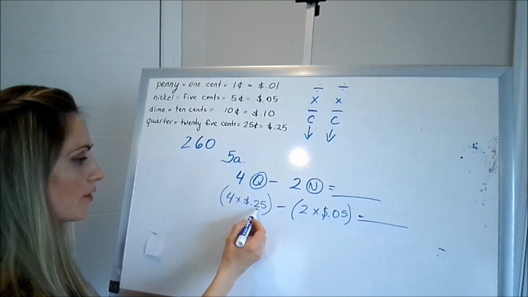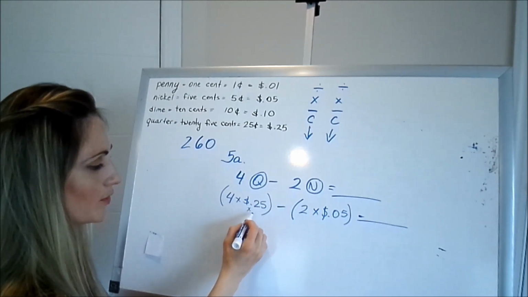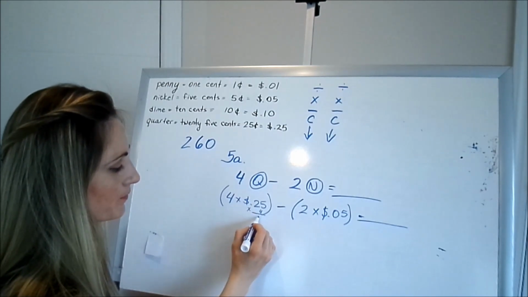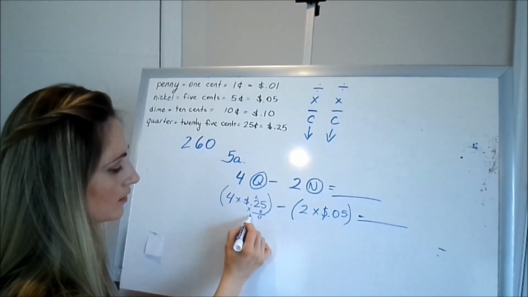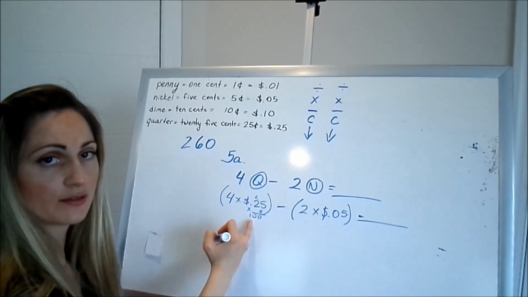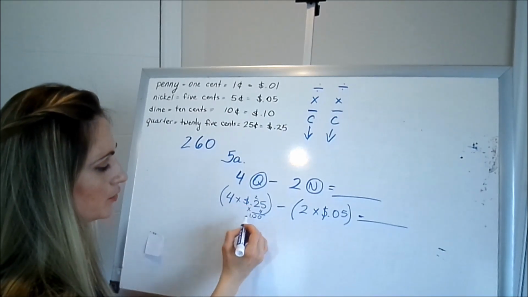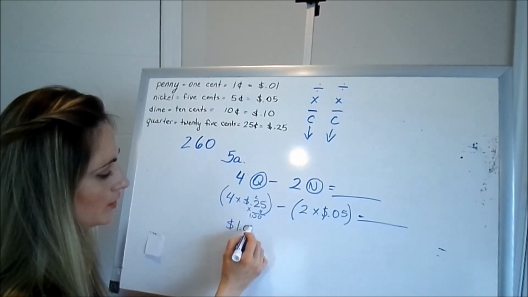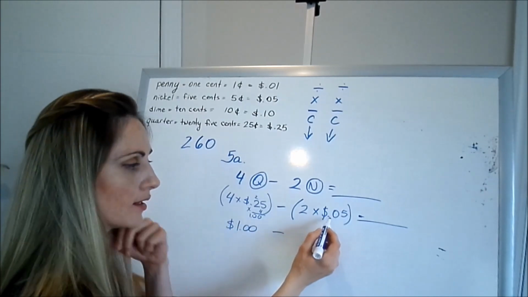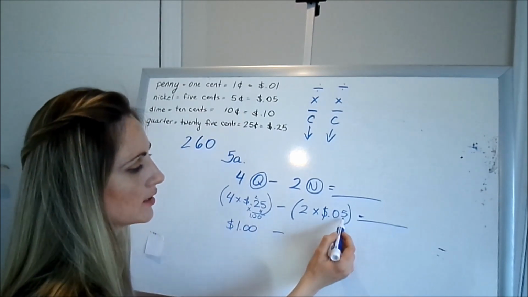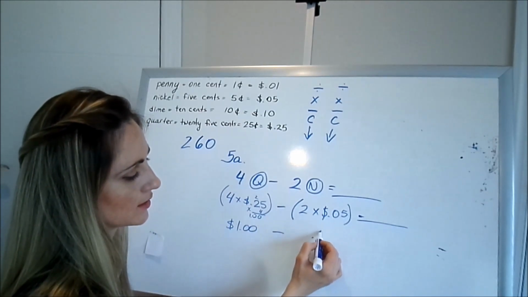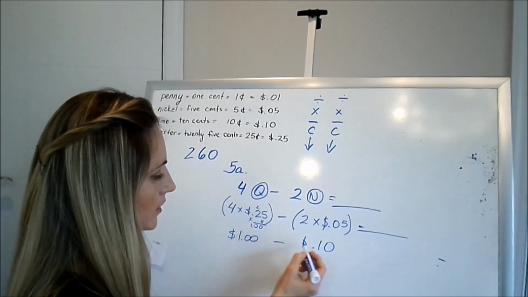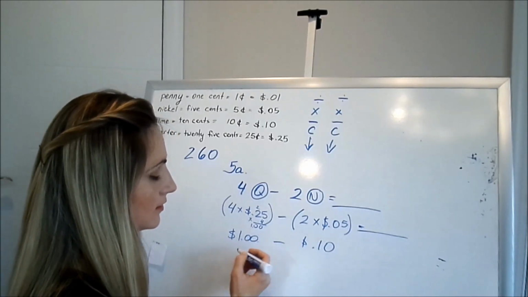Okay, 4 quarters. If you don't know how much is 4 quarters, you multiply times 4 like that. Is it 100? It's not. Make sure you use your decimal point. So 4 quarters is $1. And then 2 nickels, 2 5s. So that's how you have $1 minus 10 cents.